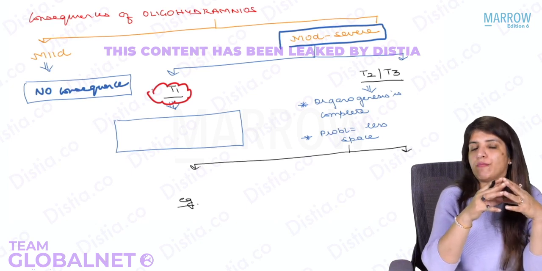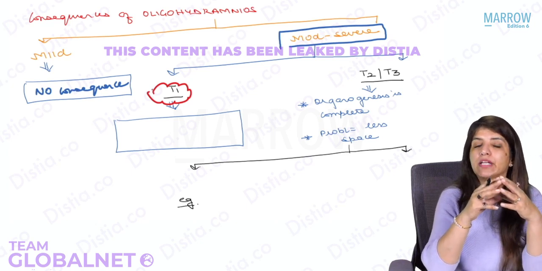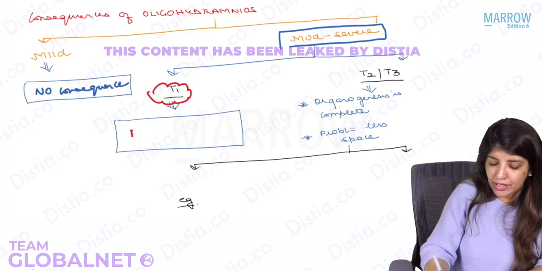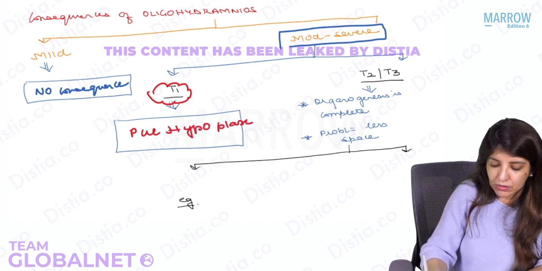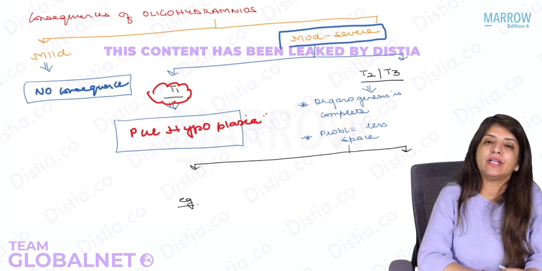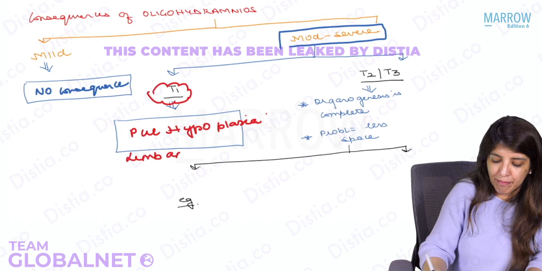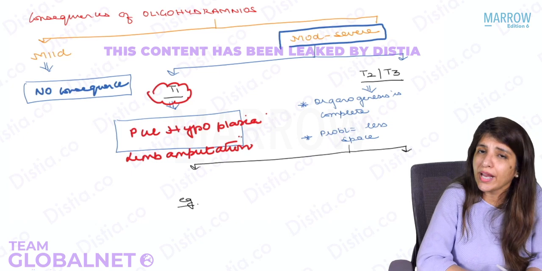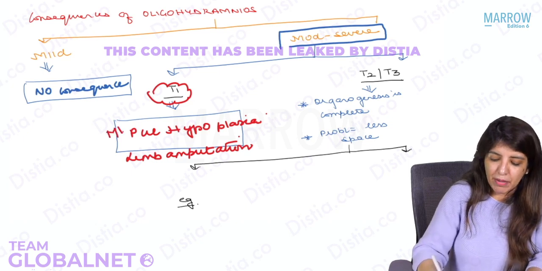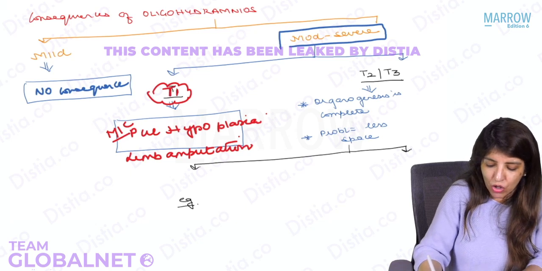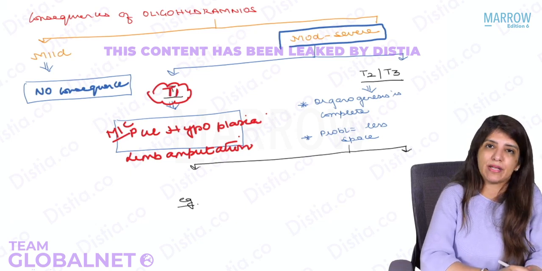Now, if in the first trimester oligohydramnios is happening, fetal parts do not get enough space to grow, and that leads to pulmonary hypoplasia, or it can lead to limb amputation. Right? More common is pulmonary hypoplasia. This is going to happen when oligohydramnios happens in the first trimester.